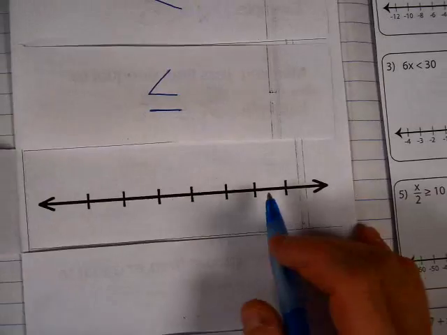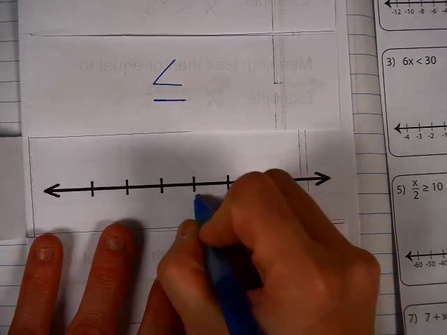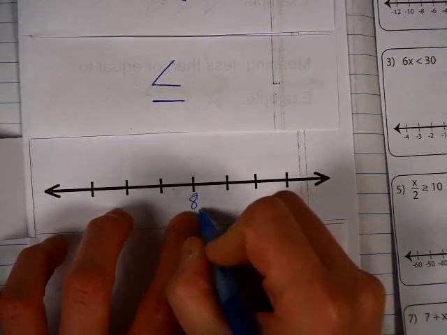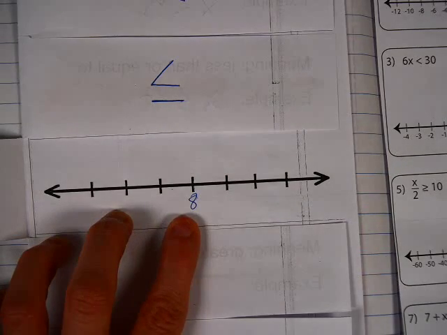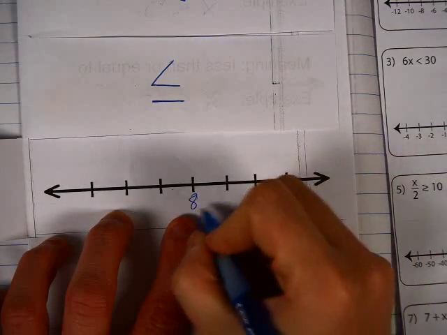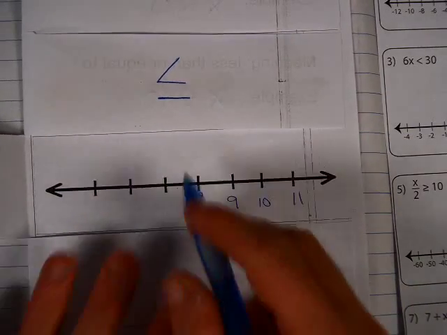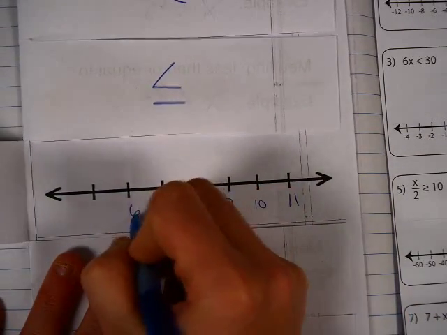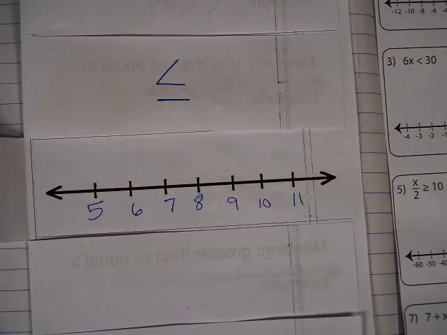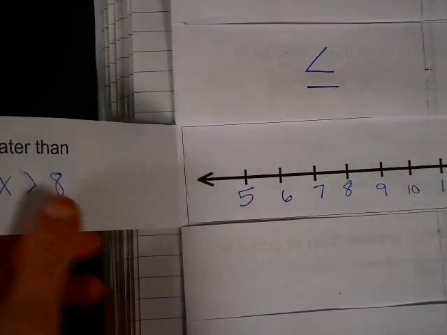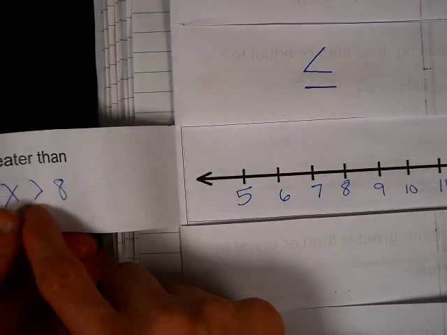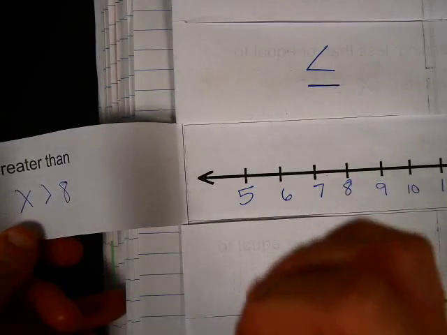Okay? Again, I'm going to just pick a point. So let's go 8. And then I like counting up first just because it's easier. I'm used to counting up. So 8, 9, 10, 11. And then I have to count down. So 7, 6, 5. Alright, just like before, if it doesn't have that equal sign, it's an open circle.